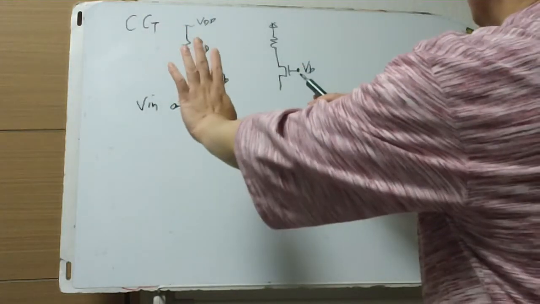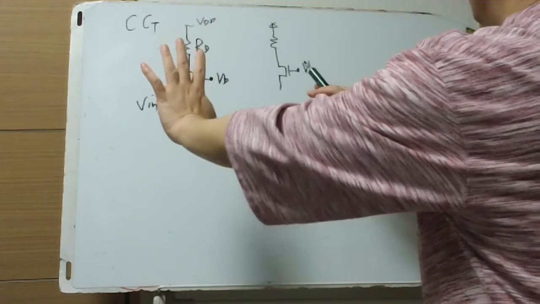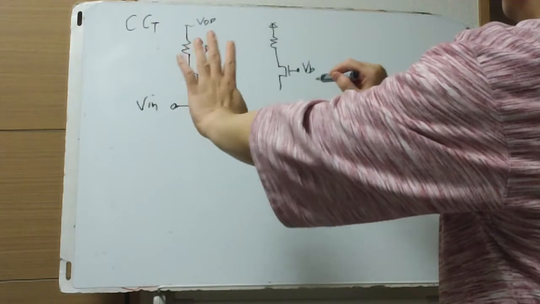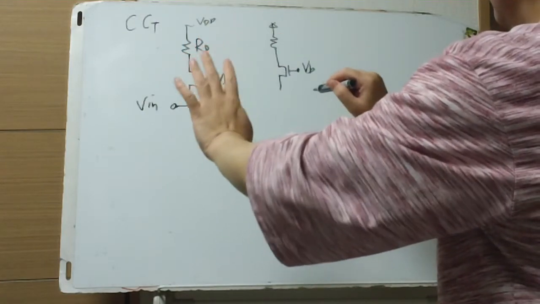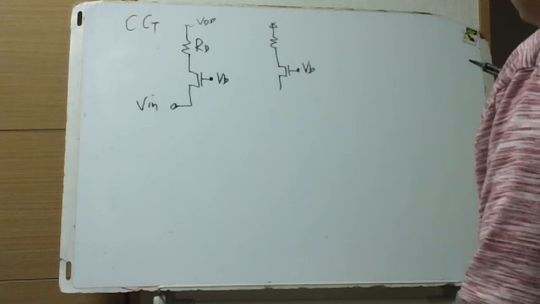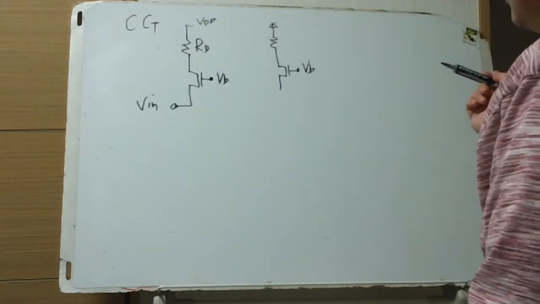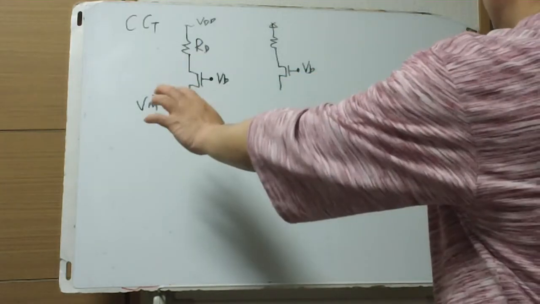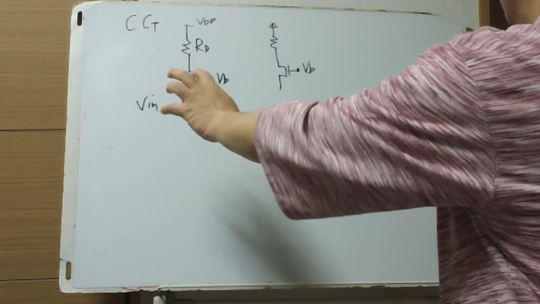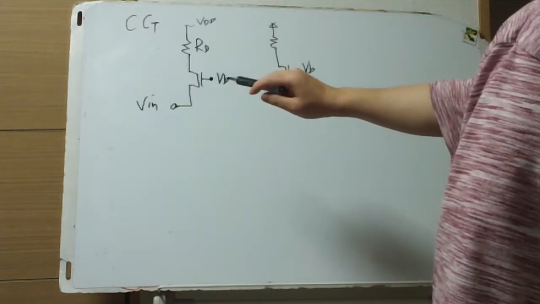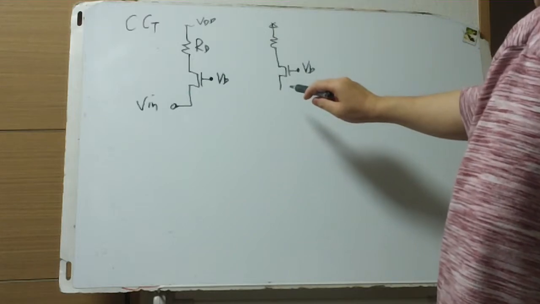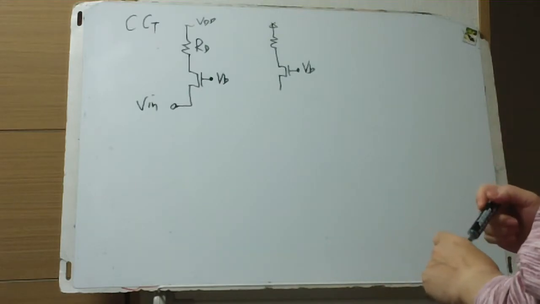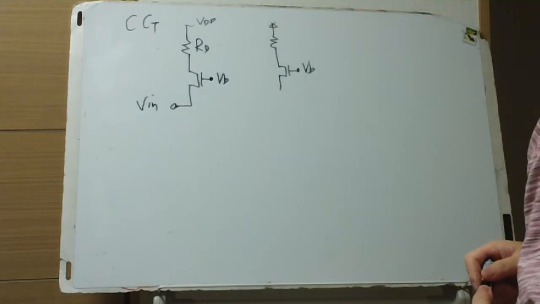With a large input resistance compared to the source resistance, we could neglect the input current noise In squared bar.